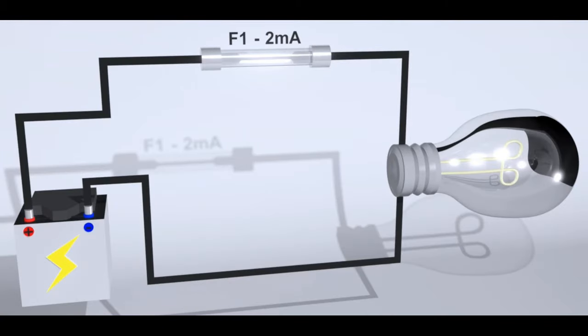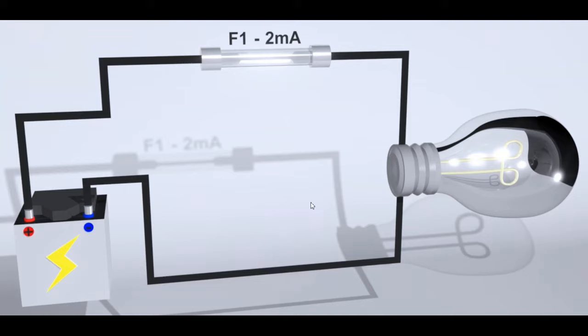Come to this picture. I connected one battery, and I connected a fuse in series on the positive voltage, and I connected one lamp as the load. Actually the lamp is a high load, but I provided one fuse with a rating of 2 milliamps. So how does the fuse function in this circuit?